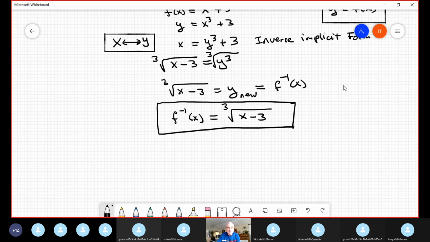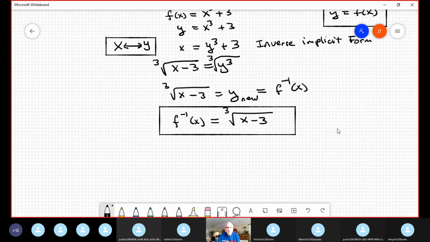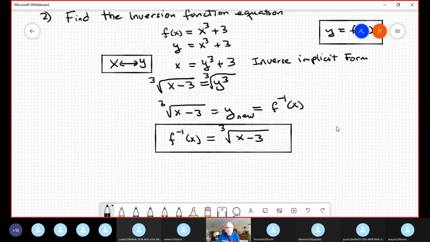I suppose it can make sense because the original function, remember, the operation it's doing is cubing first and adding 3. And these are done in completely opposite direction. It's subtracting 3 and finding the cubic root. But just in case, to make sure that everything is perfect, I put the composition.